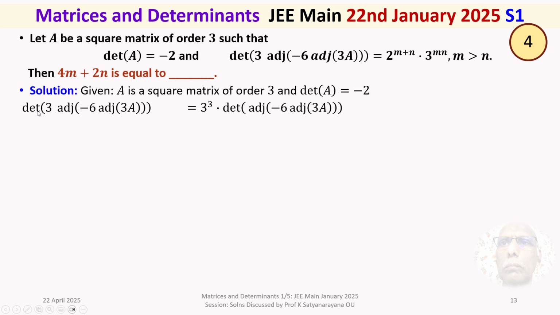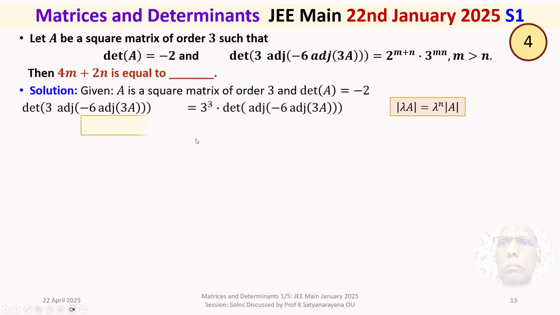Now determinant of lambda A is equal to lambda power n into determinant of A. So determinant of 3 times some matrix: 3 will come out as 3 cube, lambda to the power of n, n is 3, into determinant of the remaining thing.